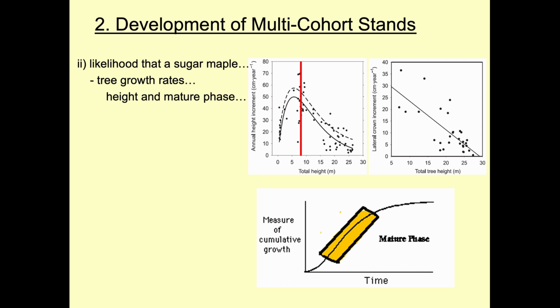So it is growing taller the fastest when it is at 8 meters tall. Now, if we were to look at the lateral increment on the figure to the right of this, we can see that the highest rates of lateral growth occur during its juvenile stage when it is 5 meters tall.